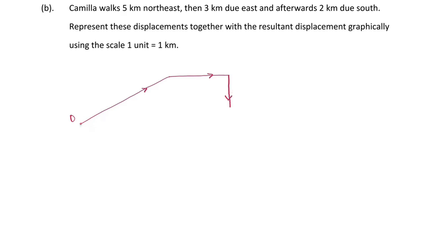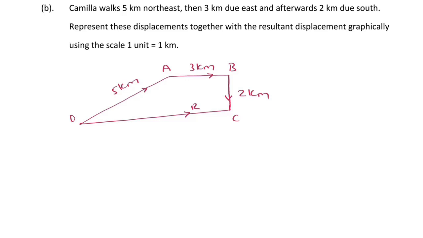Then we are going to draw another line here representing our resultant. Here we have A, here is B, and here is C. And here we have 5 kilometers, here is 3 kilometers, and here is 2 kilometers.